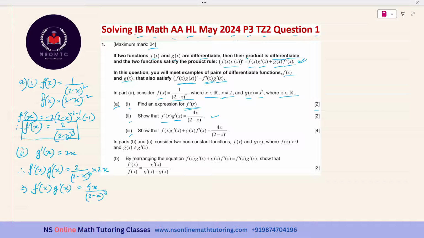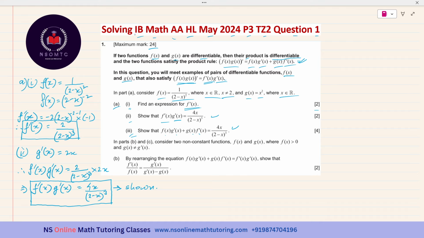Fine. So this is shown. And now I show that f of x times g dash x plus g of x times f dash x equals this 4x over 2 minus x whole cubed.